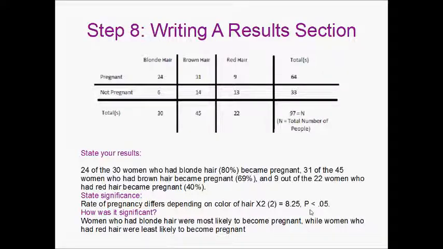P is less than 0.05 is basically saying that on the scale of significance of 5%, it was significant. And then we're going to write how it was significant. Well, women who had blonde hair were most likely to become pregnant, while women who had red hair were least likely to become pregnant. That was what we found, and we know now that it was significant because we tested it to be significant.